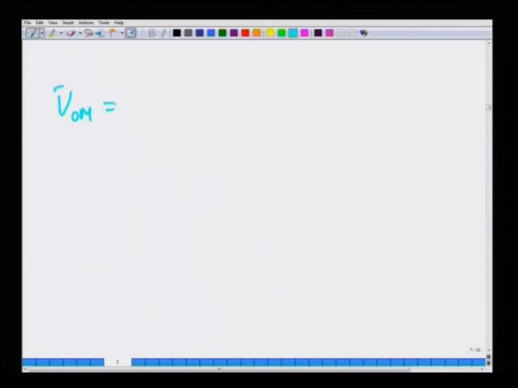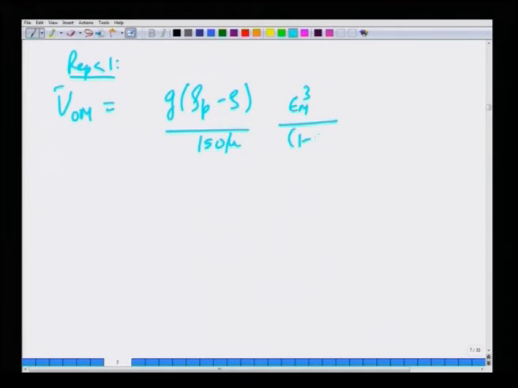V0m for smaller Reynolds numbers, we need this expression for the following discussion also. It is approximately g times (rho p minus rho) divided by 150 mu, times epsilon m cubed divided by (1 minus epsilon m) phi s squared dp squared, and there is a similar expression at higher Reynolds numbers.